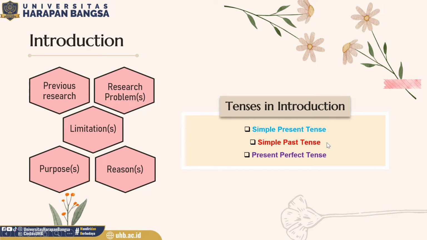And then simple past tense is to describe previous studies. And present perfect tense is used to talk about references to previous research or to describe a situation that began in the past and is still true now.